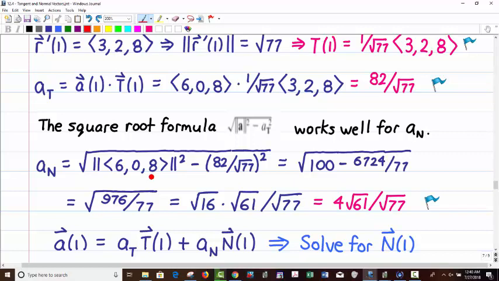When you square the magnitude, all you're basically doing is getting rid of the square root. So it would just be 6 squared plus 0 squared plus 8 squared, which is 100. And then here's the a sub T that we just got right here. So that would be 82 squared, which is 6724. And then, of course, the square root of 77 squared would just be 77.